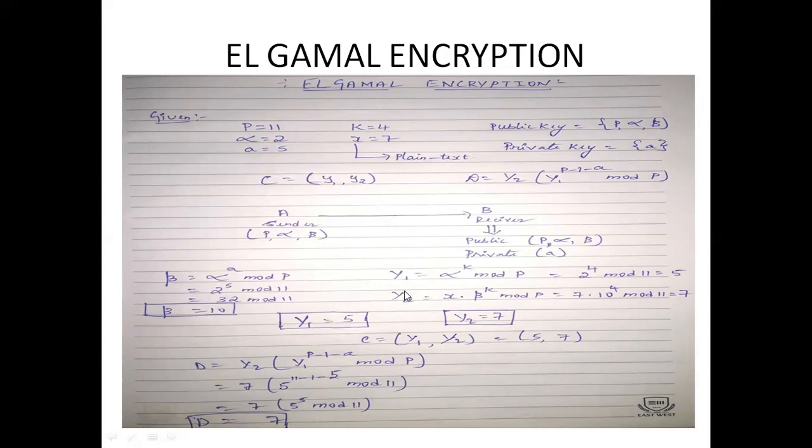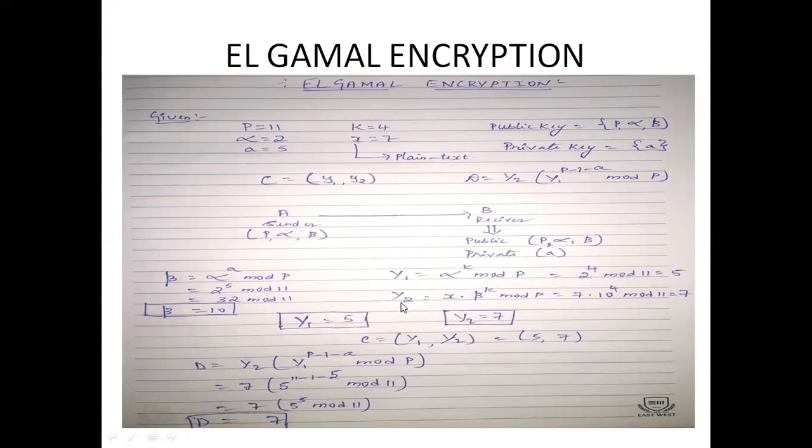For y1 and y2 there are two different formulas. For y1, alpha raised to the power k mod p. For y2, x times beta raised to the power k mod p. Where y1 is 2 raised to the power of 4, alpha value is 2 and k value is 4, mod 11.